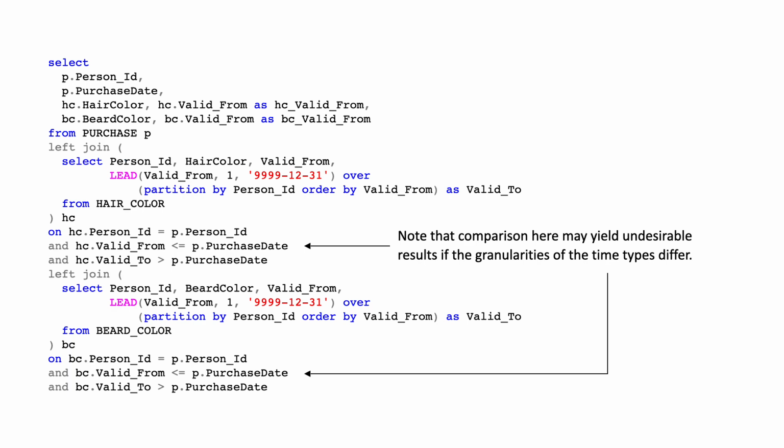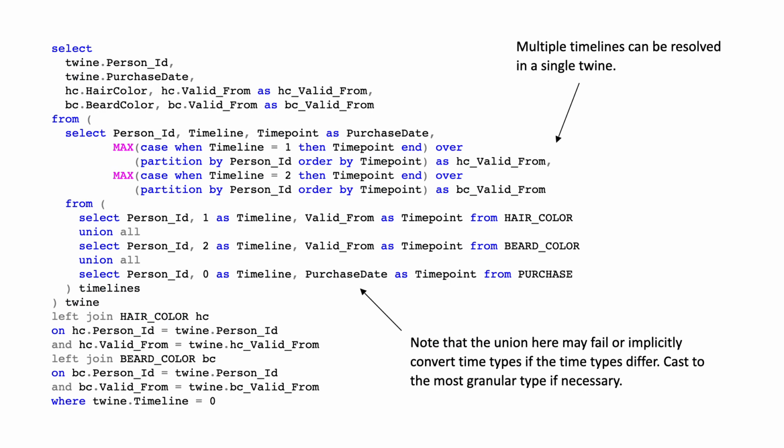And the way you would do this with the twine instead is to actually combine 3 timelines in this combined timeline, the twine itself. So you take all these 3 timelines and put them into a single timeline. So now you distinguish between timelines of type 1, 2, and 0 in this case.